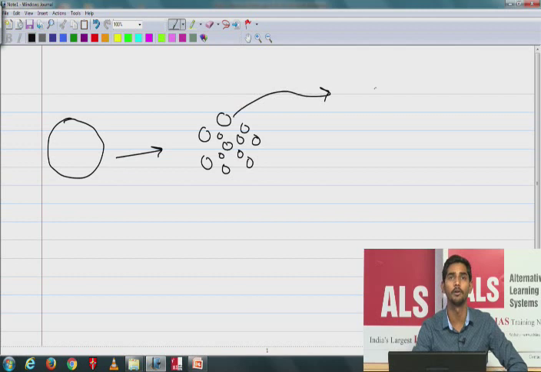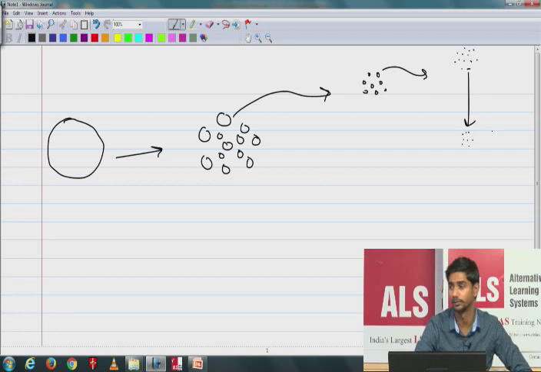Even this one is not a single water drop. It is made of small water droplets like this. Even this one is not single. This one is made up of very small water droplets. Even this particular water drop is not single. This one is made up of very small particles.